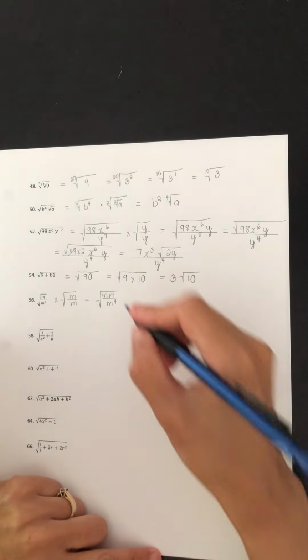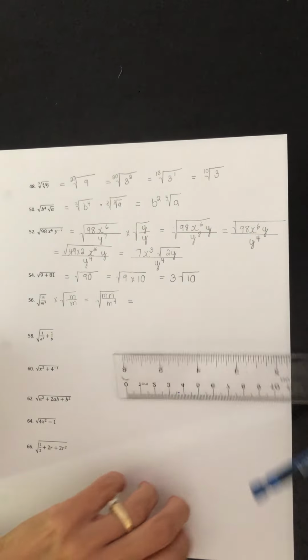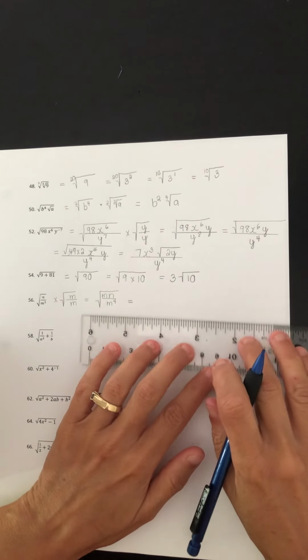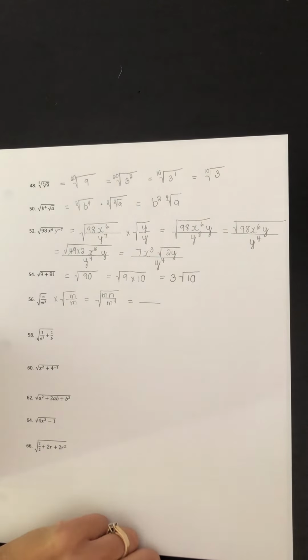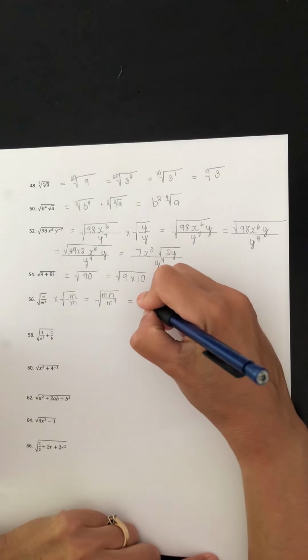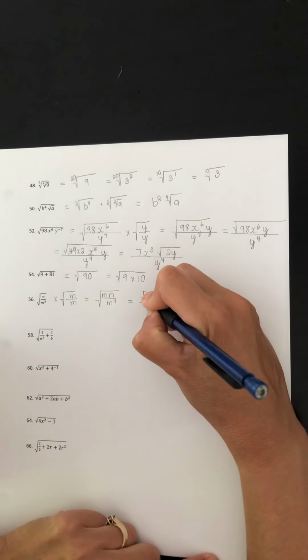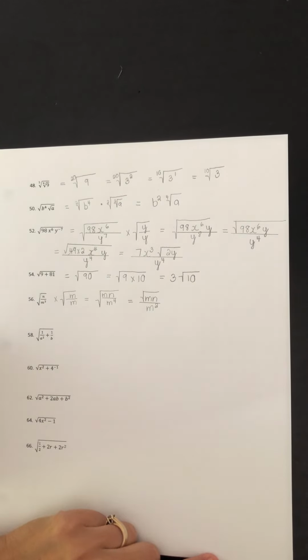It's the same thing. Okay, so again, the key is the denominator now is the square root of m to the 4. The square root of m to the 4 is m squared. The numerator will remain the square root of mn. So that was an example of rationalizing the denominator.